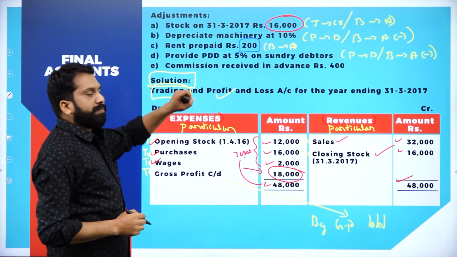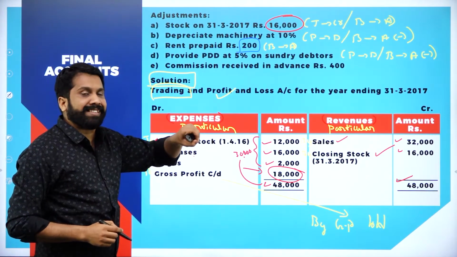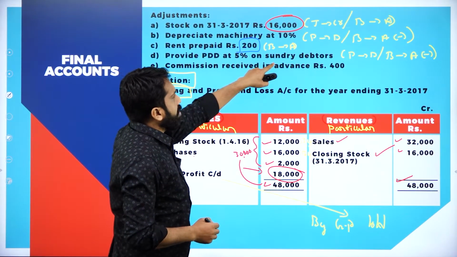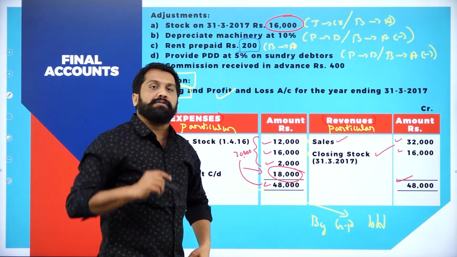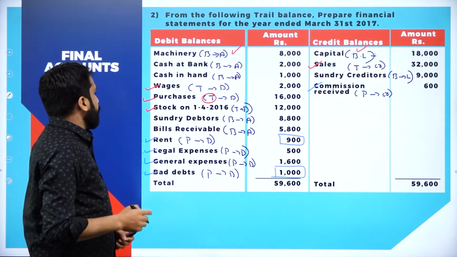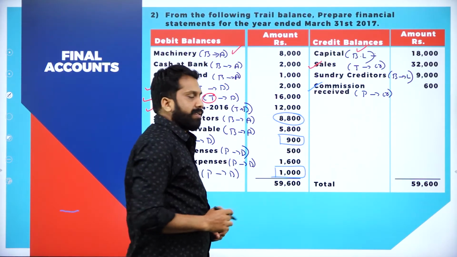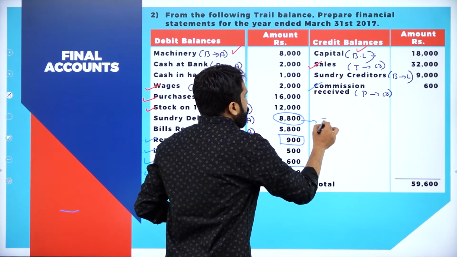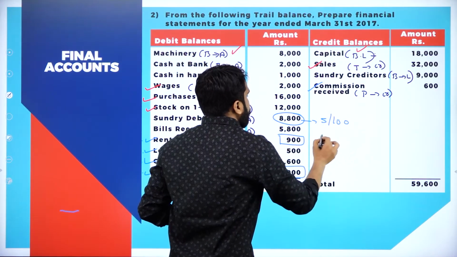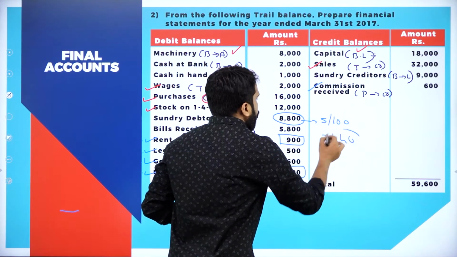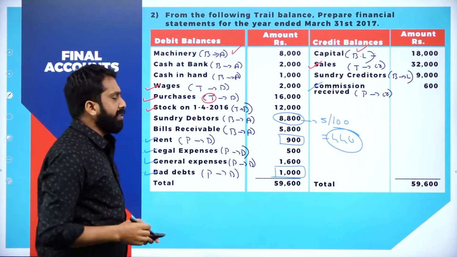Provide PDD, provision for doubtful debts, 5% on debtors. What is the value of debtors? I'll go back. Your debtors value is 8,800. On this 5%, how much will you get? Around 440 you will get.